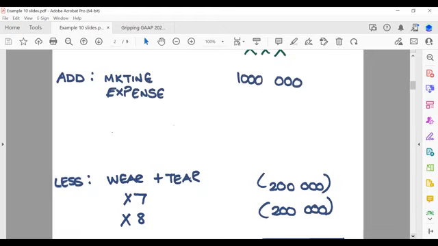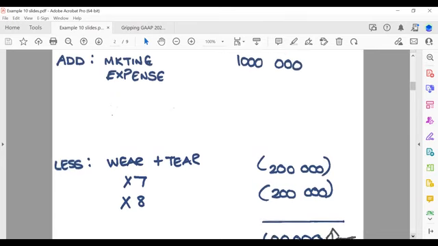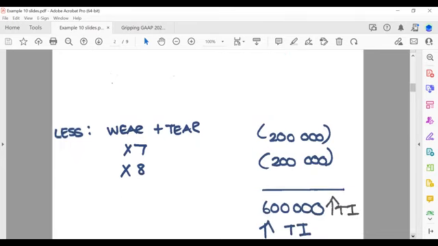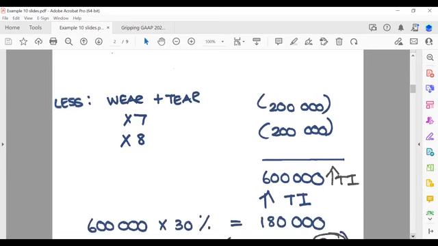And $1 million minus these 2 lots of 200,000 is going to give you 600,000. That represents an increase to our taxable income of 600,000. And if we multiply that by 30%, we get 180,000.